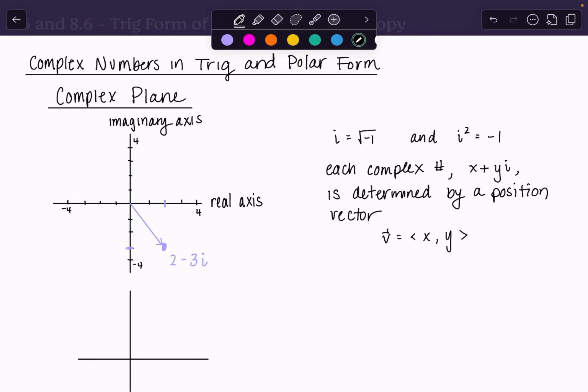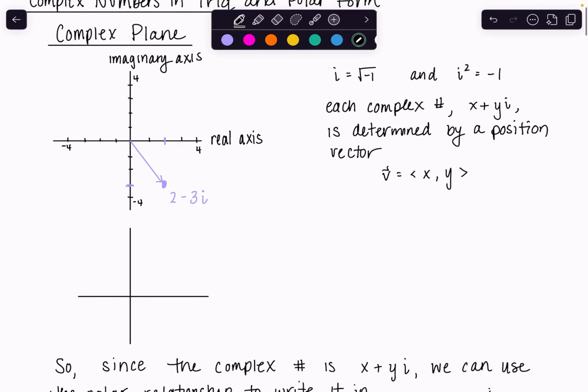With that, we're going to have the same kind of connection we do with vectors. So every single vector that I plot has an endpoint, which is x plus yi.